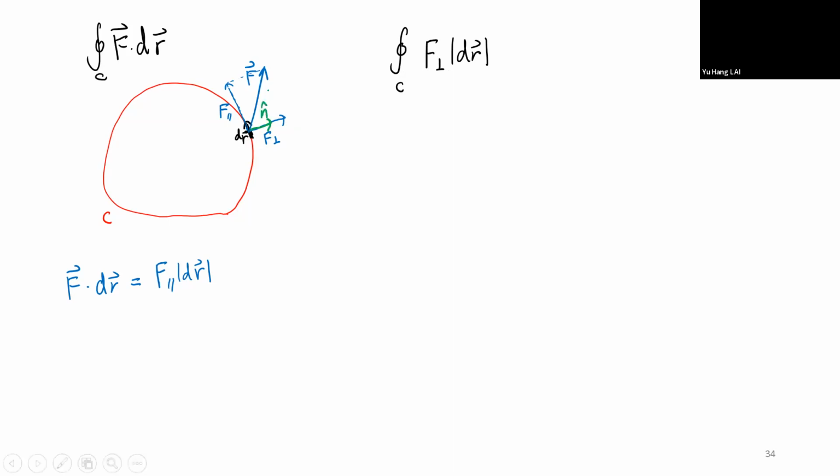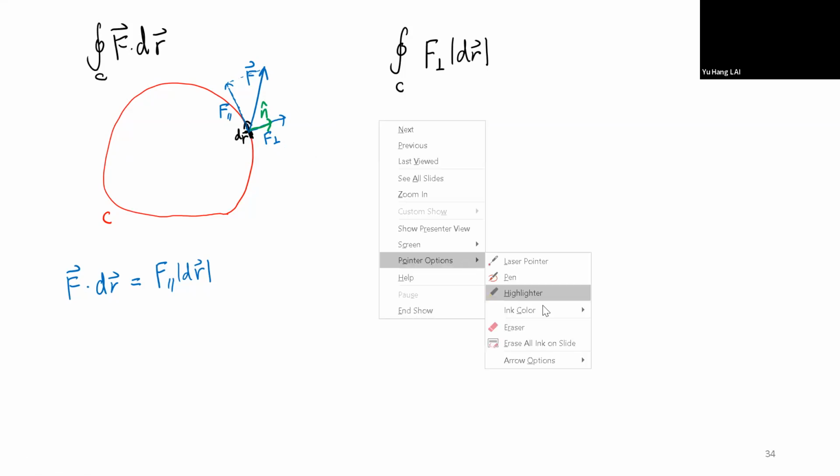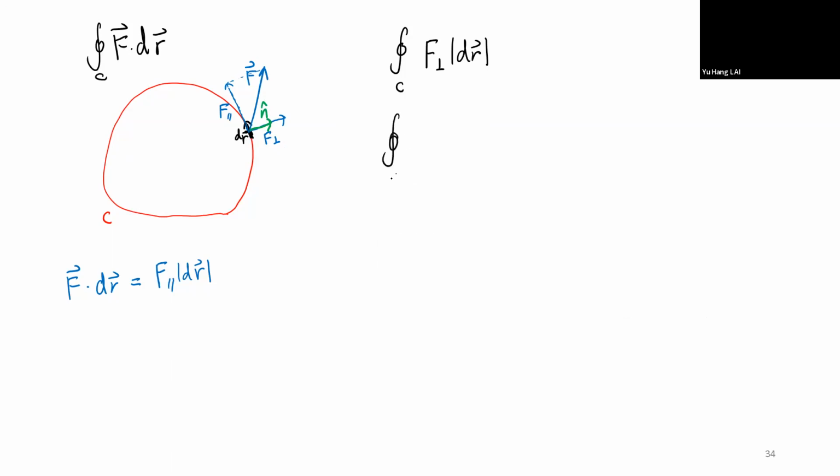I call this a normal vector because it's normal to my curve, perpendicular to my curve. So if I take the dot product between this f vector and this normal vector n, then I can figure out the normal component for this f. So the line integral that I'm going to find can be written like this.